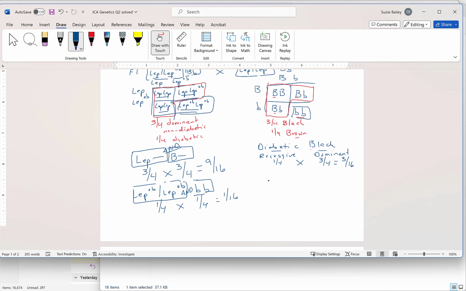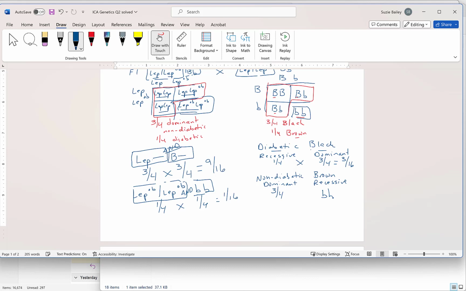And then our other combination would be non-diabetic and brown. Same logic. This is our dominant trait, and this is our recessive trait. Non-diabetic, 3 out of 4 probability, at least one of that wild-type leptin allele.